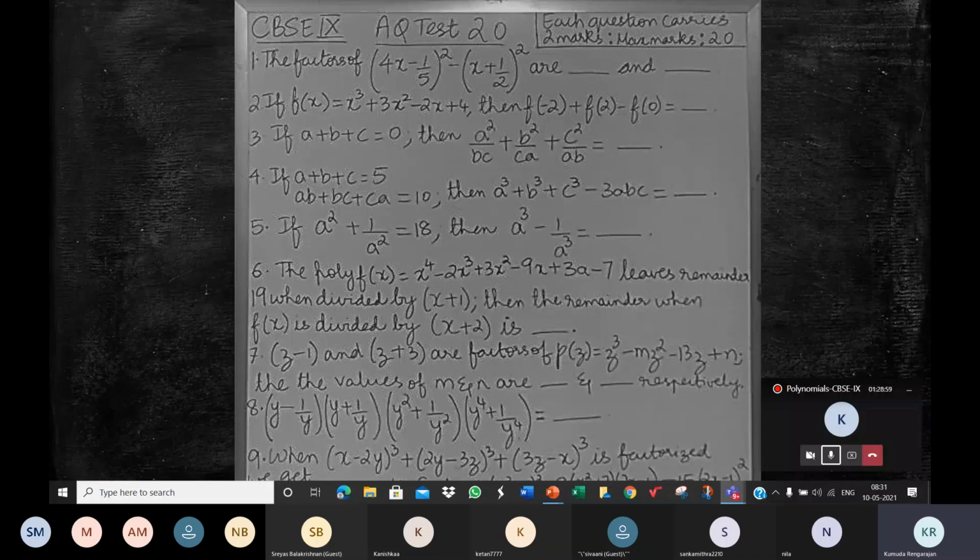How do you expand a plus b plus c the whole square? Please expand. Yes, ma'am. A plus b plus c into, ma'am. No. How do you expand a plus b plus c the whole square? Ma'am, the identity is a plus b plus c into a square plus b square plus c square minus ab minus bc minus ca, ma'am. That is a cubed plus b cubed plus c cubed minus 3abc.